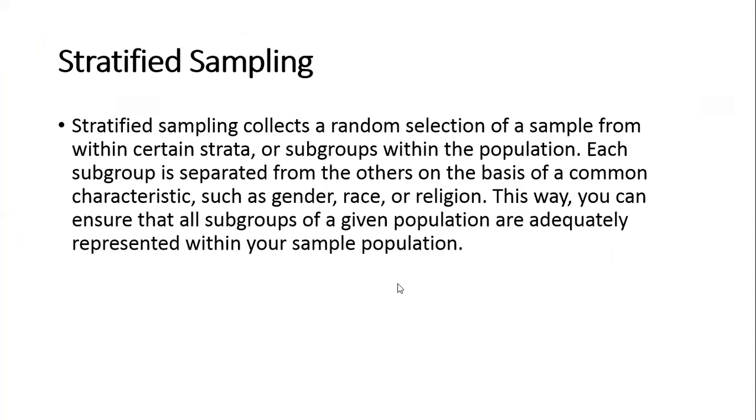Each subgroup is separated from the others on the basis of a common characteristic such as gender, race, or religion. This way, you can ensure that all subgroups of a given population are adequately represented within your sample population.